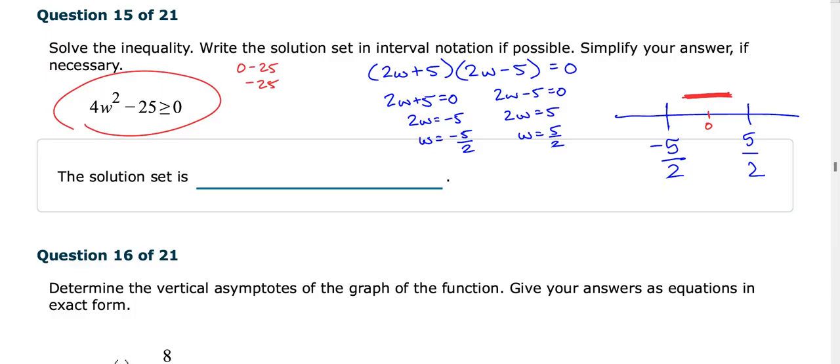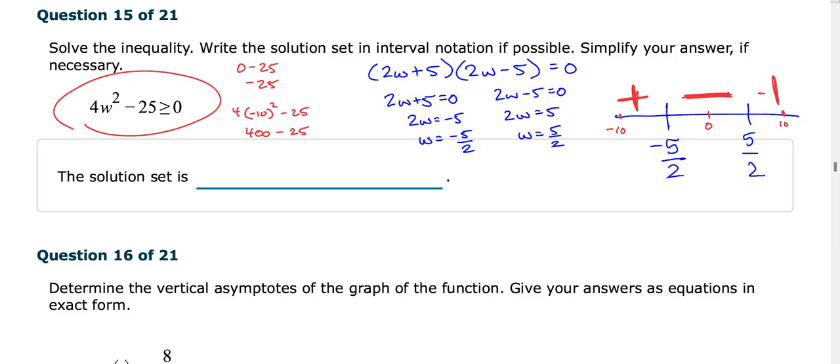Okay, let's pick another number out here. How about negative 10? 4 times negative 10 squared minus 25. So that's 4 times 100 minus 25, 375. That's a positive number. Same thing happens if you pick positive 10. You're going to get a positive number.